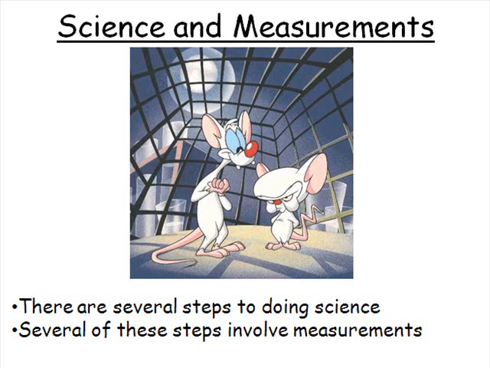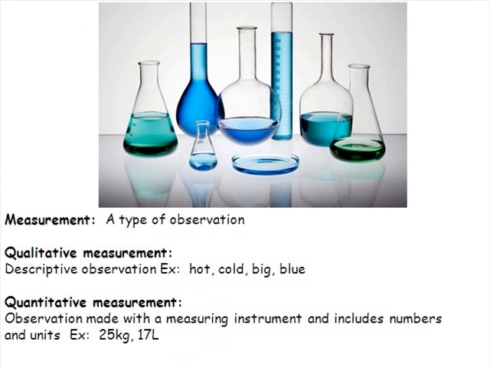But one of the tasks that a scientist always is involved in is the taking of measurements. And there are guidelines and rules about these measurements that we need to be familiar with and use throughout our high school chemistry course. Let's start with a basic definition of what measurements are all about.